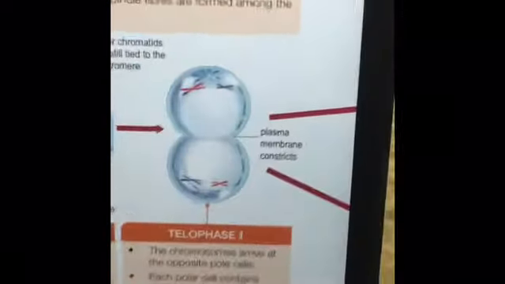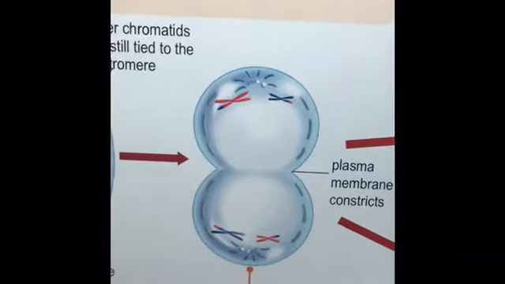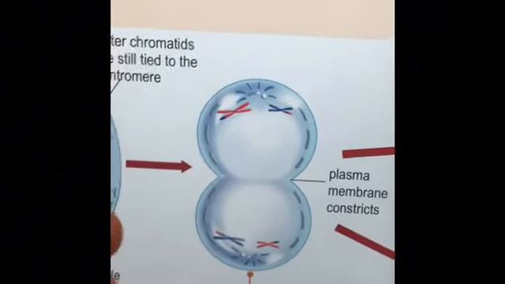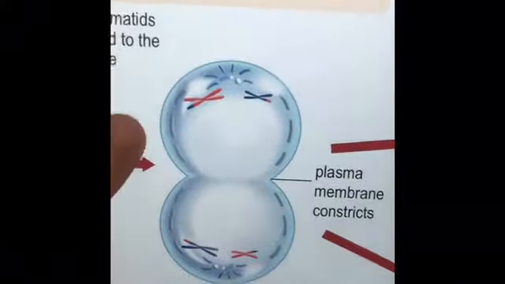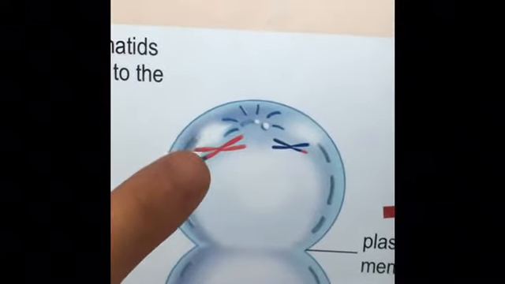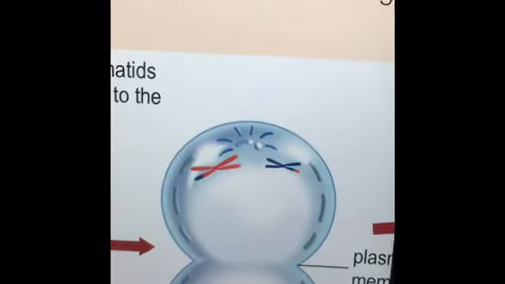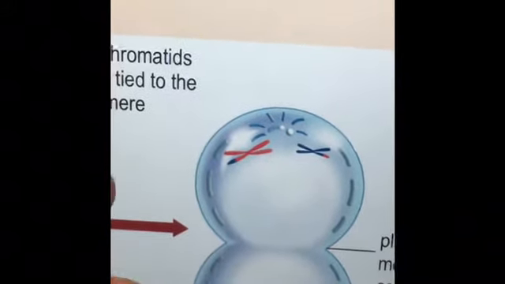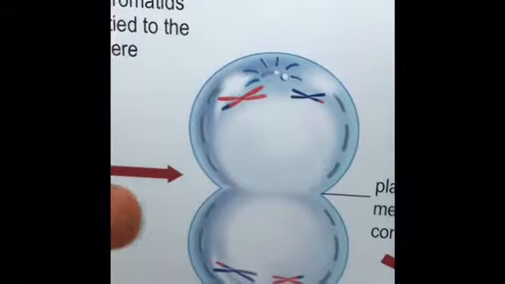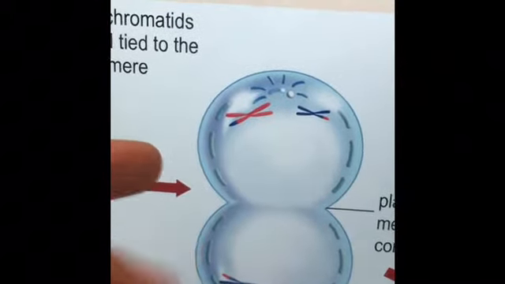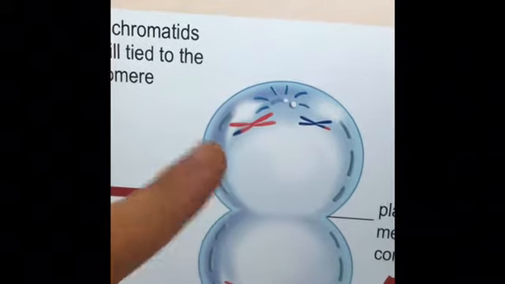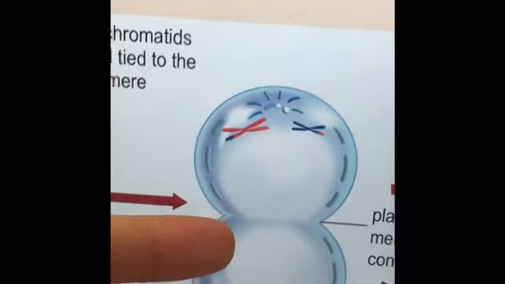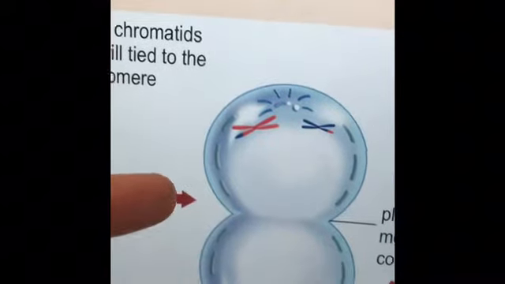Alright students, this is very important. Now, at the end of meiosis 1, the cells already have the reduced number of chromosomes, but you can still see that the sister chromatids are still not separated. Now this is a problem because in order for cells to work, they only need to have one copy, which means that it cannot have two sister chromatids in one cell.